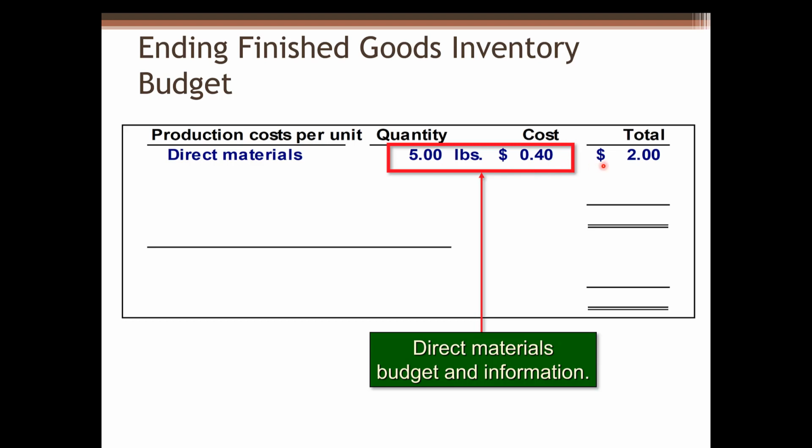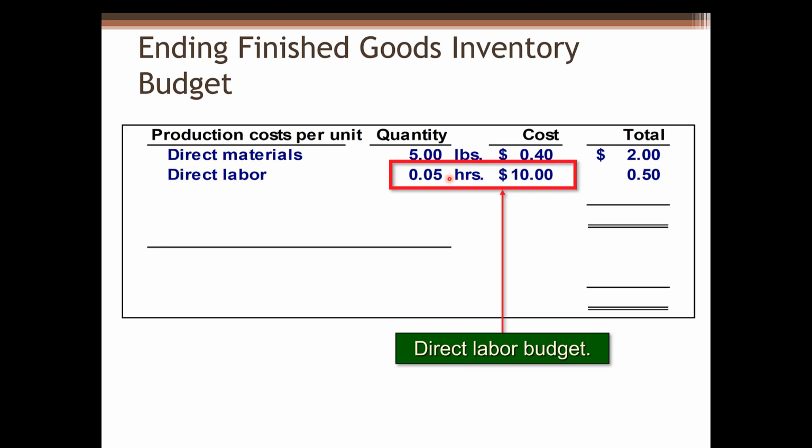So we can calculate direct materials in dollar amount for each unit. We use 5 pounds multiplied by 40 cents, and it's $2 per unit. For direct labor, from the direct labor budget, we know each unit requires 0.05 hours, 3 minutes.